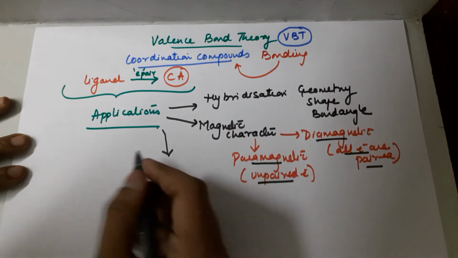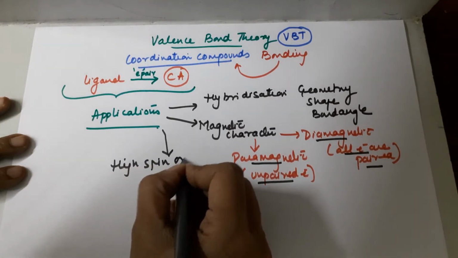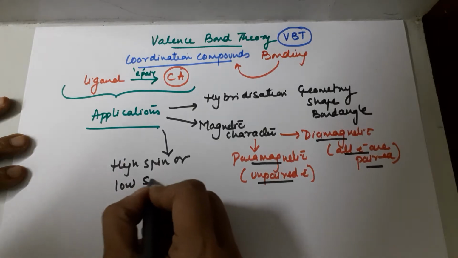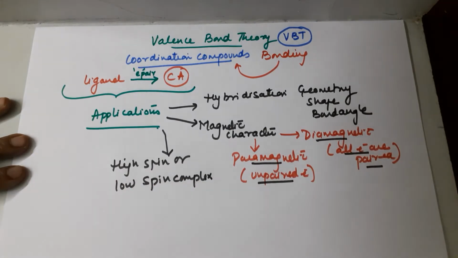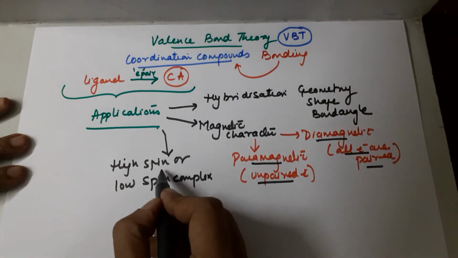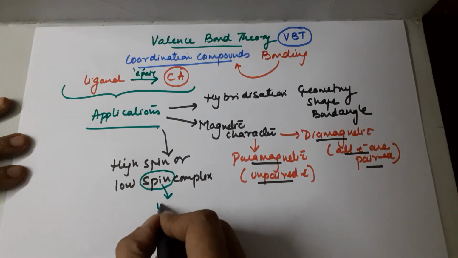Moving to the third, whether your complex is a high spin or a low spin complex. An easier way of understanding is that spin again refers to the unpaired electrons.